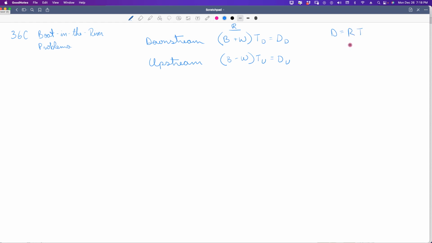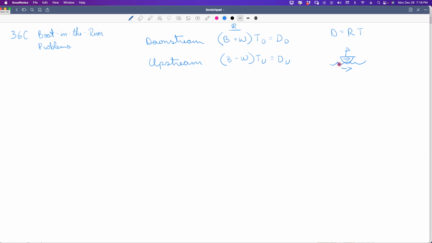Well, in our boat in the river problems, our rate is going to be two speeds acting either against each other or with each other. So remember when you have a little boat, and you're in the water and the current is traveling this way, and you are traveling this way, then these two speeds are added together because the current is carrying you in addition to how fast you're going.